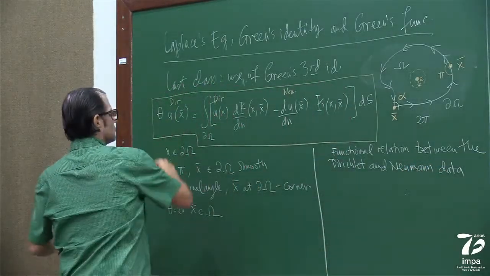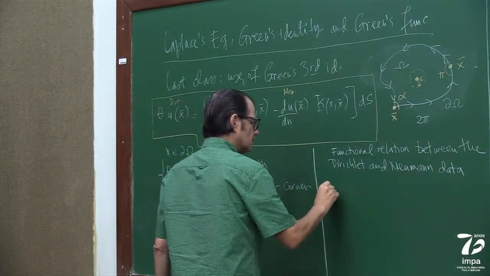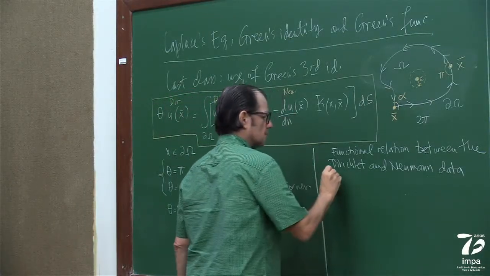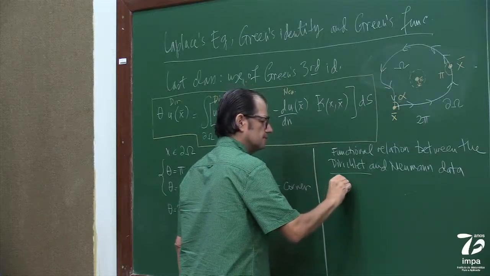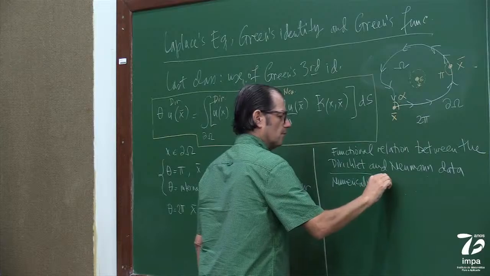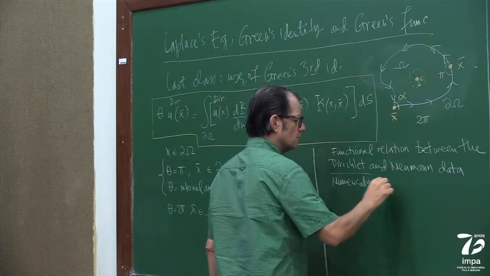So if I pull this onto the other side, I can think of this as an identity matrix if I discretize, so numerically. This course is not numerical, but you'll see what I mean.